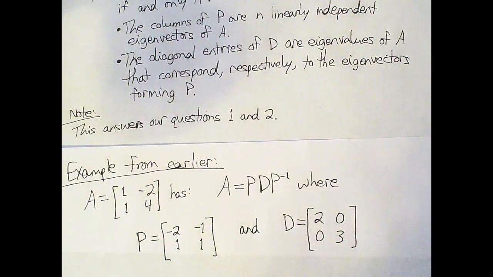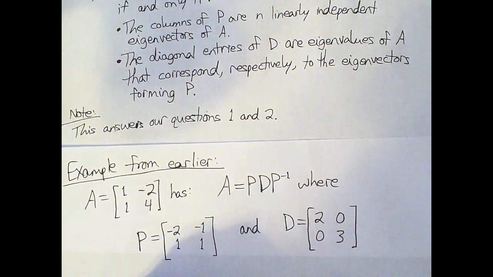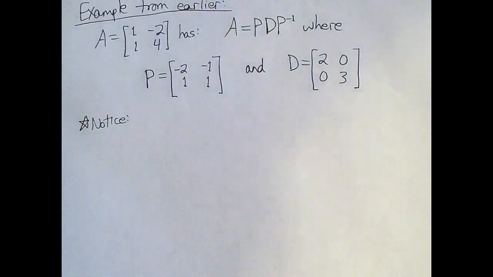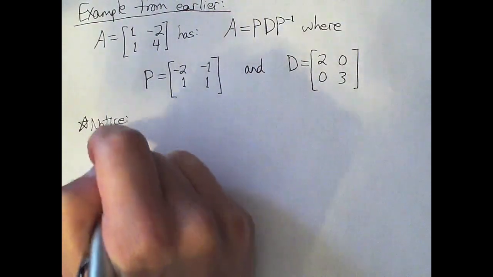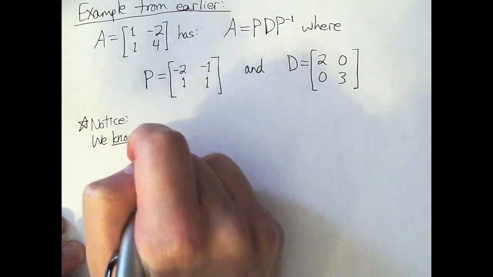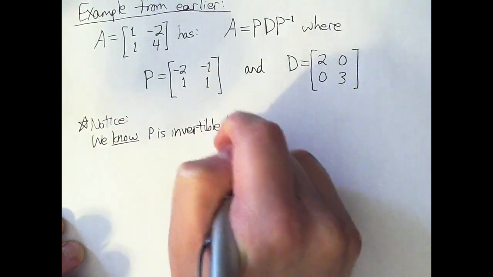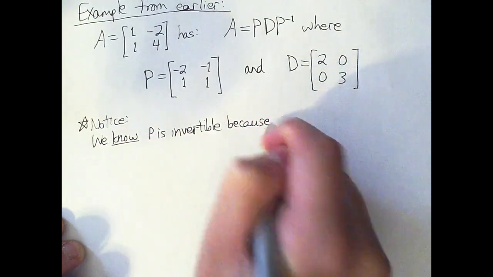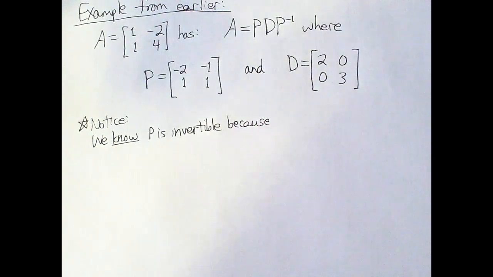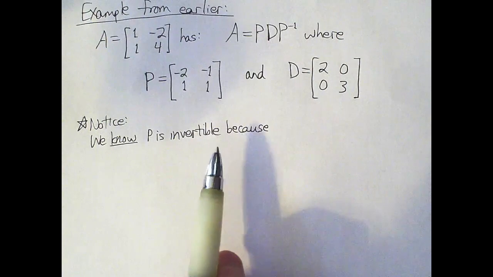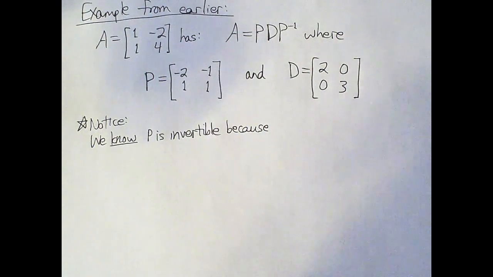By the way, this is kind of a by the way. Notice that we know P is invertible because, without even finding the inverse, or without even finding the determinant, how do I know that P has to be invertible?